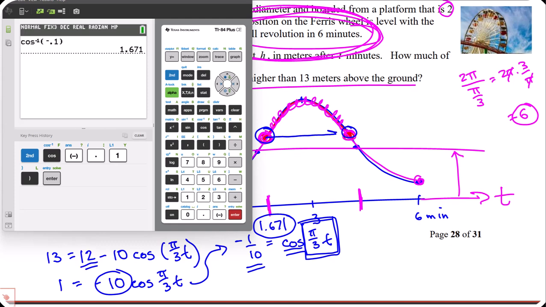This other one, if we think about our circle, remember, cosine is negative here and here. So I know this angle. How do I get this angle?